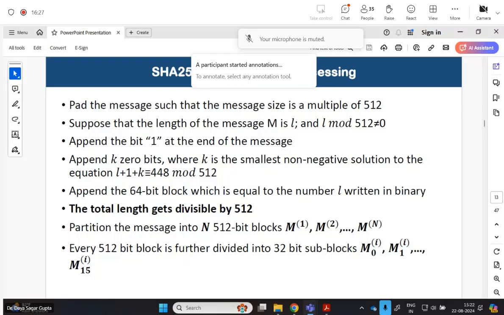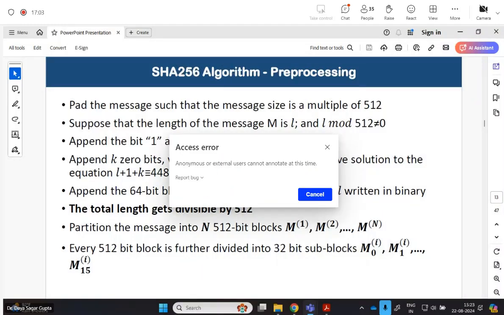Let us think you have taken a message M, which is being applied by the hash function. You don't know the size of this message. This message may be very, very long. So you need to make the size of this message a multiple of 512 by padding some bits.